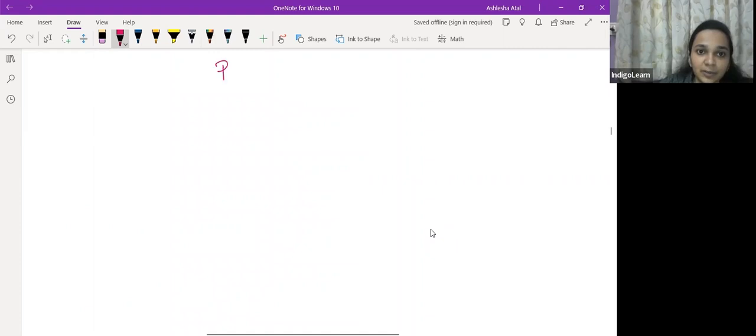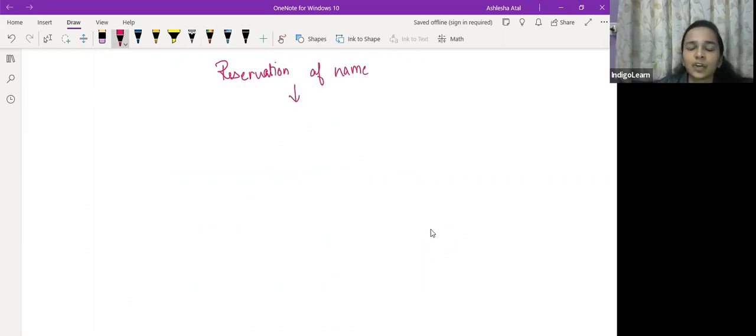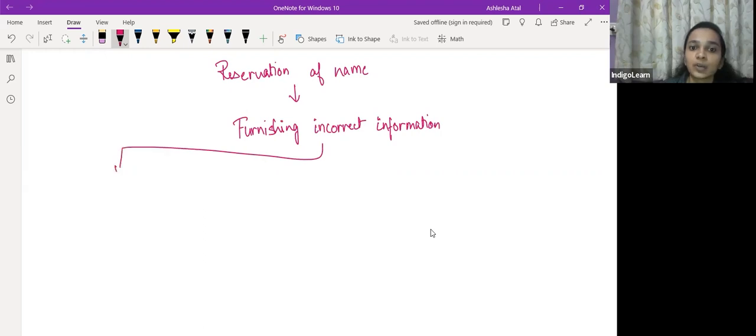Reservation of name with false particulars. The name of the company has been reserved, but this reservation has happened because of furnishing of wrong information. Furnishing some false or incorrect information, the name of this company has been reserved. Now what can happen in this situation? Either the company has already been incorporated or the company has not been incorporated.